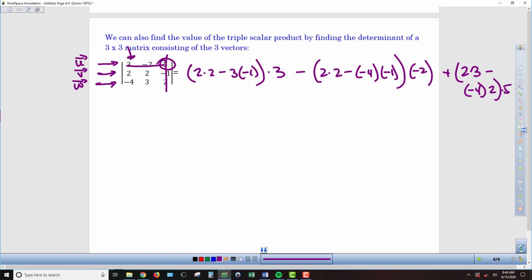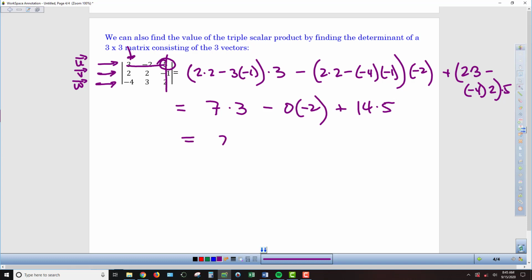So once again, we end up with 7 times 3 minus 0 times negative 2 plus 14 times 5. Hopefully all of that looks familiar from our previous exercise.